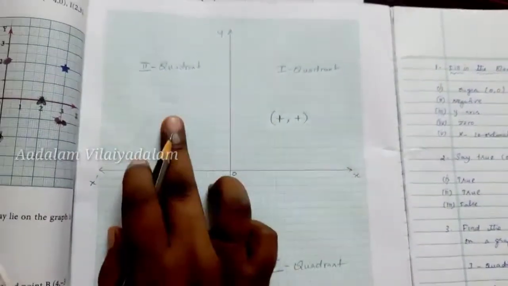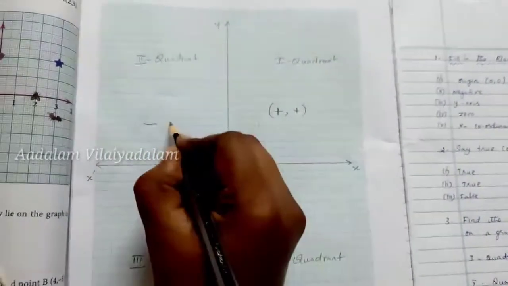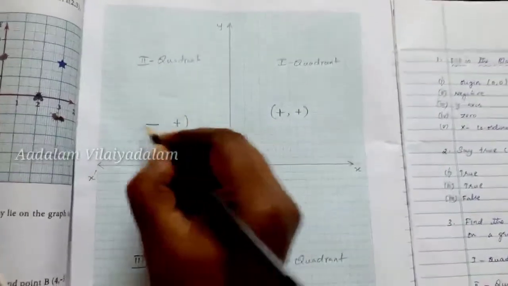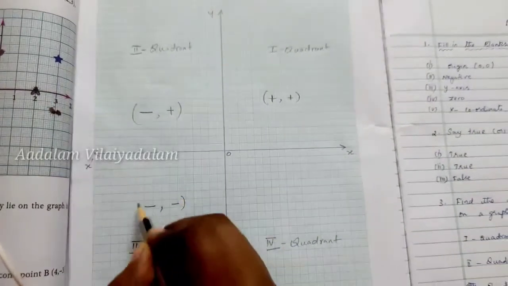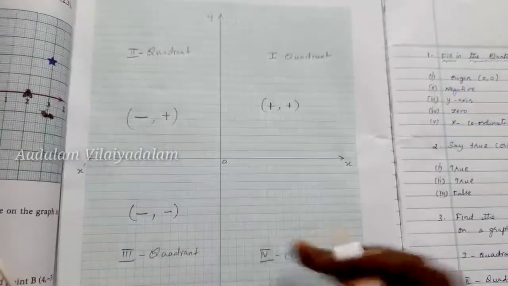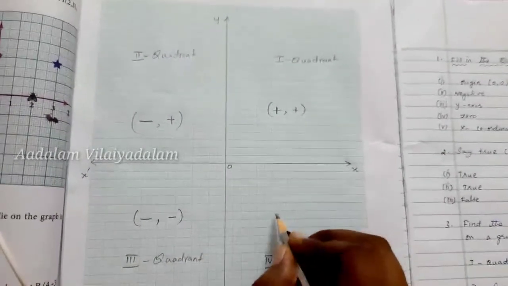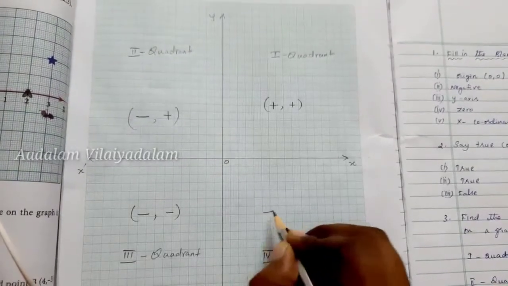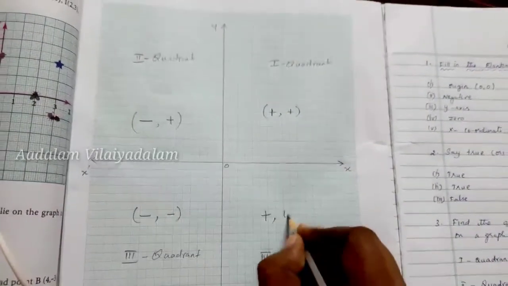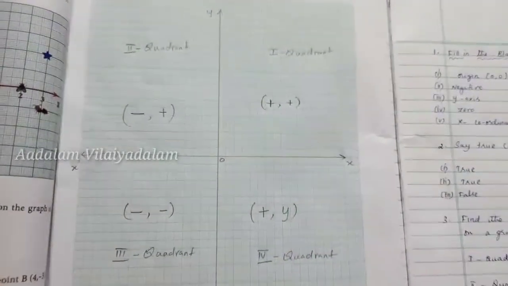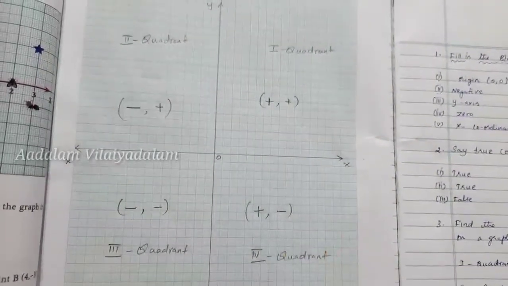For the second quadrant, we have minus on the x side and plus on the y side. Clear? For the third quadrant, both values will be negative. For the fourth quadrant, we have plus values on the x side and negative values on the y side.